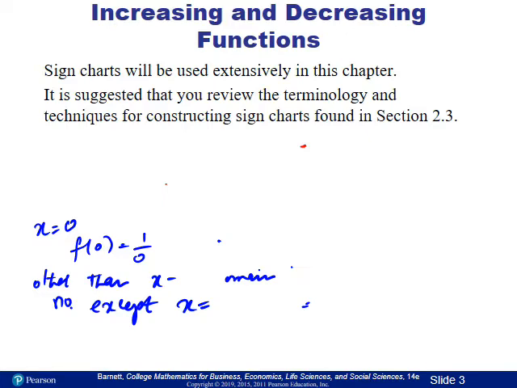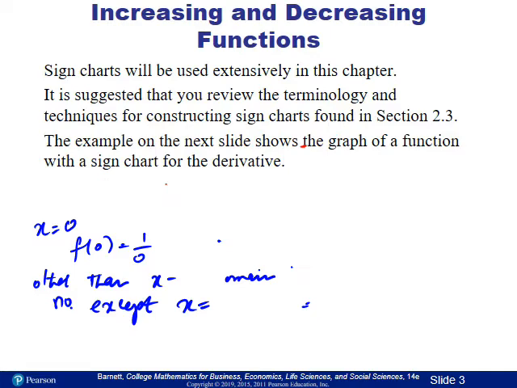We can do some other examples as well. For example, let me write another function: f of x equals 1 over (x squared minus 1). We know that we cannot divide anything by 0.